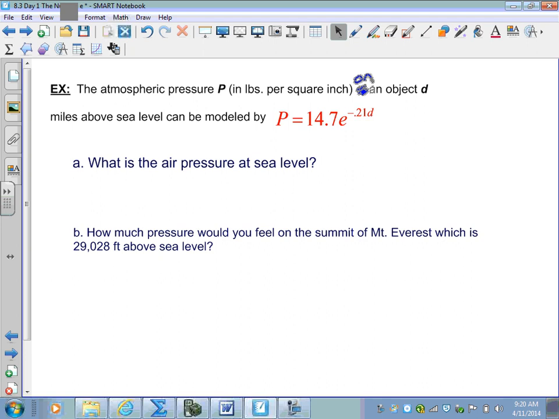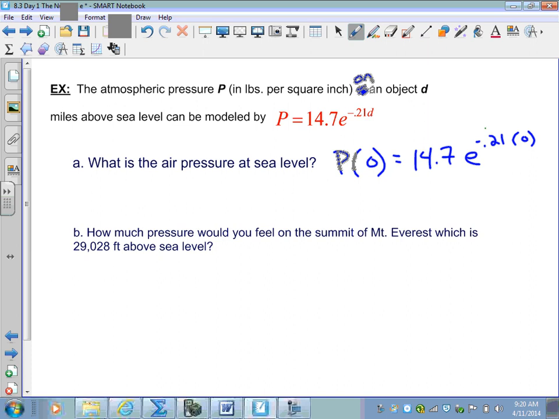Okay. So what's the air pressure at sea level? Well, if you're at sea level, you're 0 miles above it, right? So we want to know the pressure when D is 0. 14.7 times e to the negative 0.21 times 0. Another way of looking at this is, what's our initial value here? If we put in 0, what's the initial value? Well, this whole term, we're going to get e to the 0. What's anything to the 0?